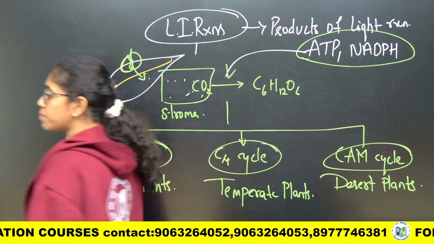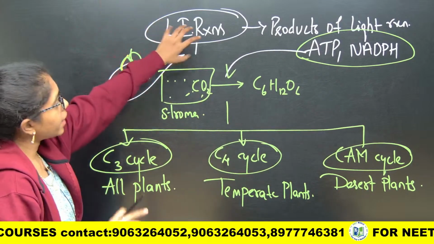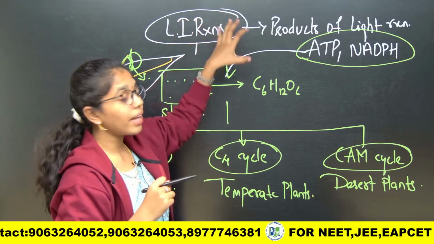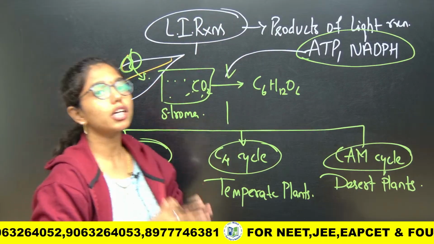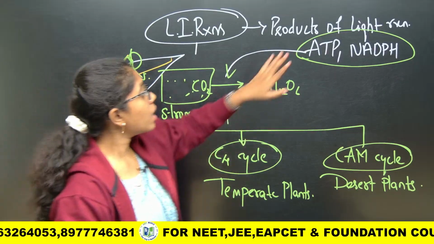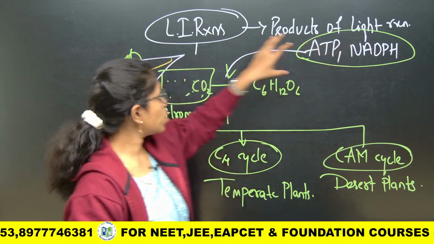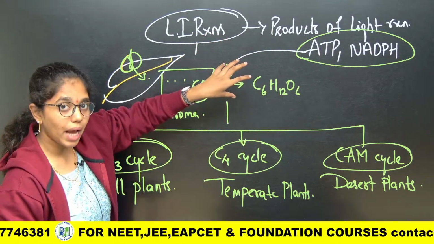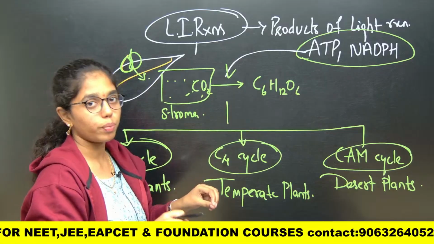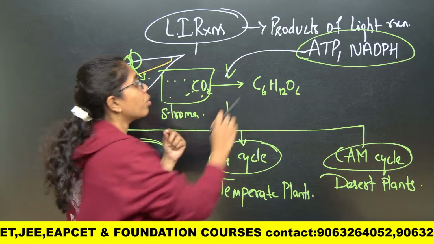From the basic level I am telling you. So, light independent reactions, which are also called dark reactions, are dependent on the products of the light reaction. What are the products of the light reaction? ATP and NADPH. Utilizing this ATP and NADPH, carbon dioxide present in the stroma of the chloroplast is fixed to glucose.